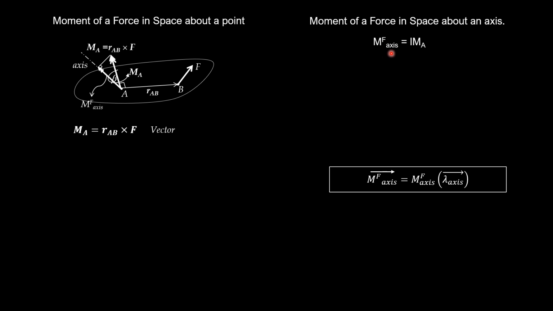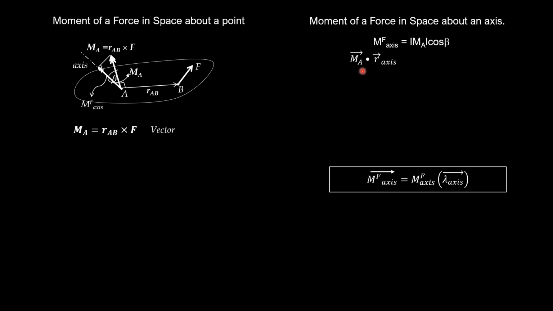So moment of F about the axis is the magnitude of this moment A here, the hypotenuse, times the cosine of beta, right? This component here. And it is a scalar. Then this value can be found by dotting RAB cross F with the unit vector of the axis.